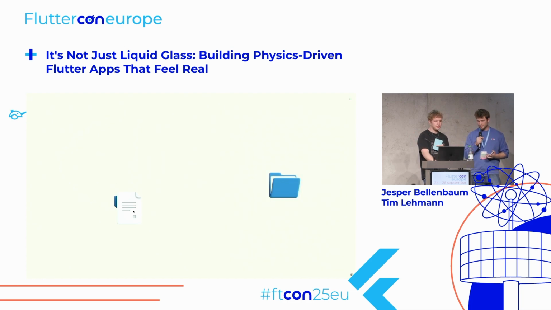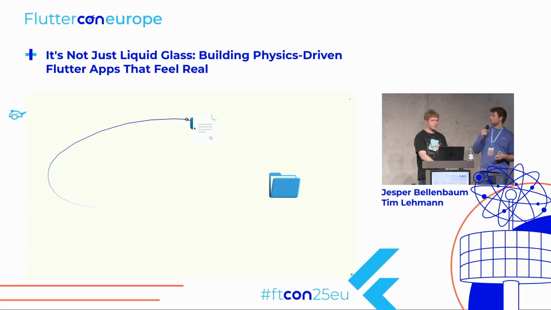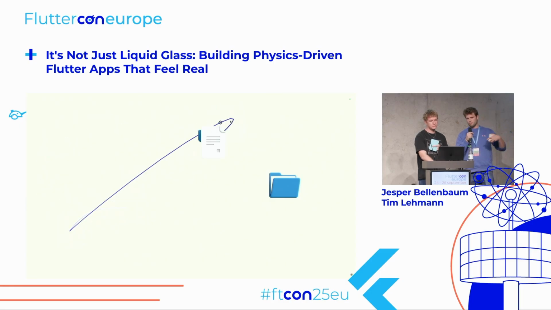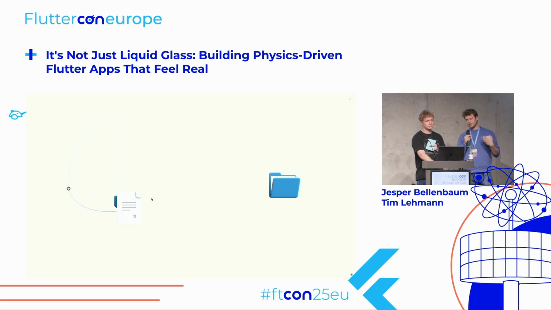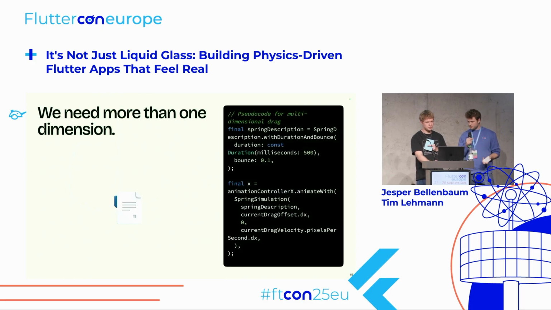All right, let's first think about how we want the solution to work. And actually you can see it here. You can see it even better with the graph. So what we want is a smooth movement across both dimensions to animate back to its origin point. And we can implement this in Flutter.